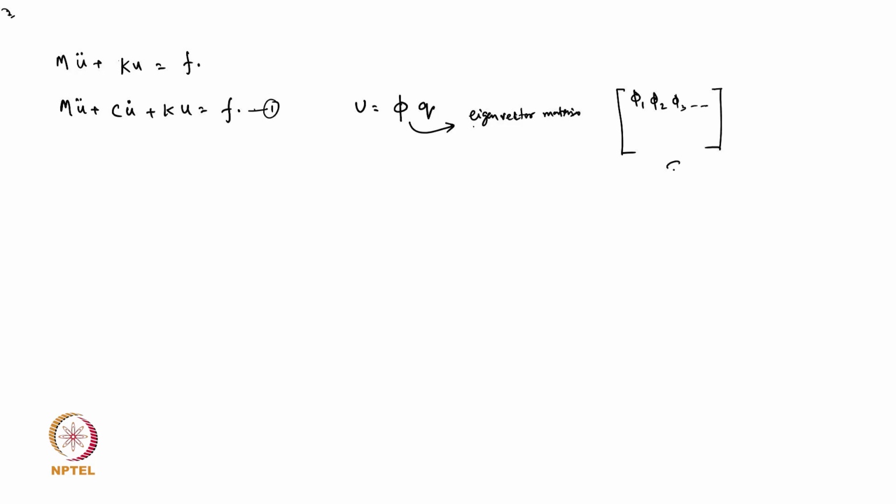That full thing is capital Phi. So each column of the eigenvector matrix corresponds to the eigenvector for that particular mode. Please remember that the columns are the eigenvectors, not the rows.